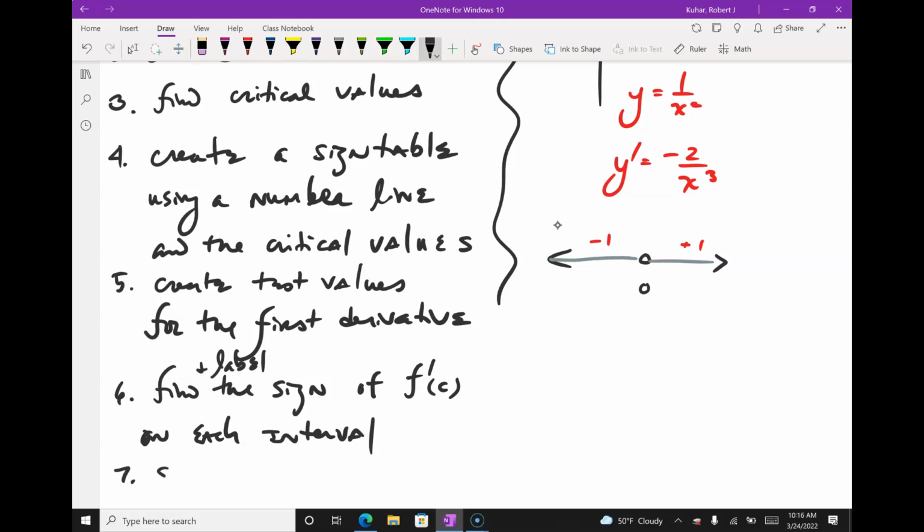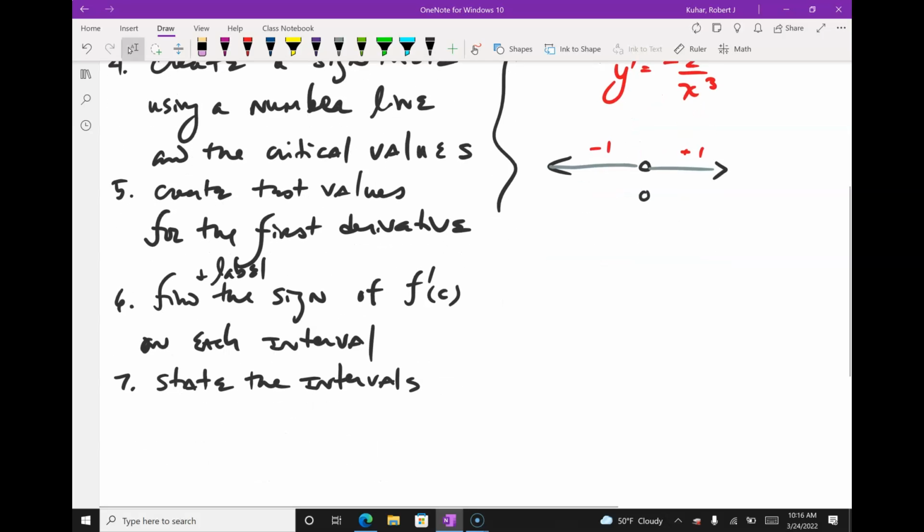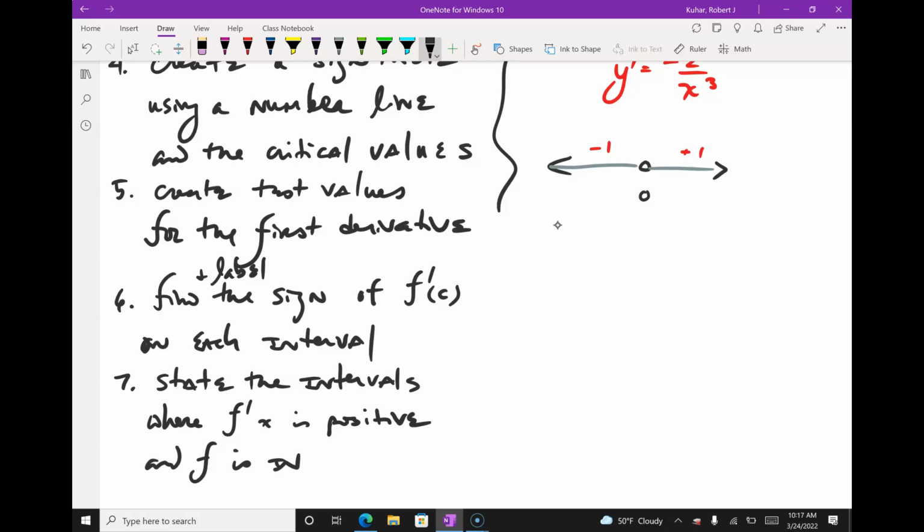7. State the intervals where f prime of x is positive and f is increasing.